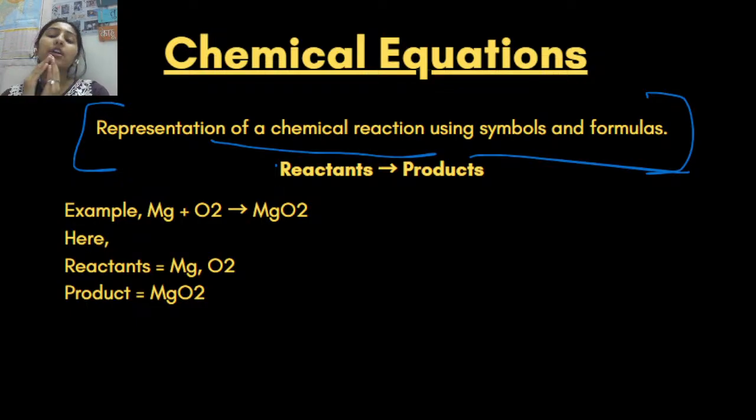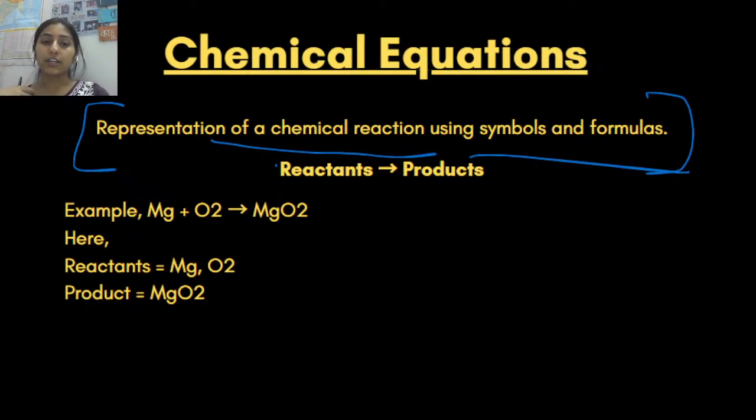Okay, so a chemical equation is none other than the chemical reaction that we have simplified, using symbols or formulas to express a particular chemical reaction that is taking place.